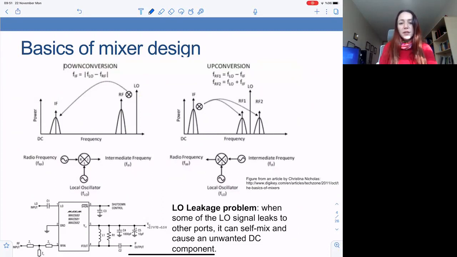Heterodyne receiver means there's essentially an intermediate frequency at which the receiver works.